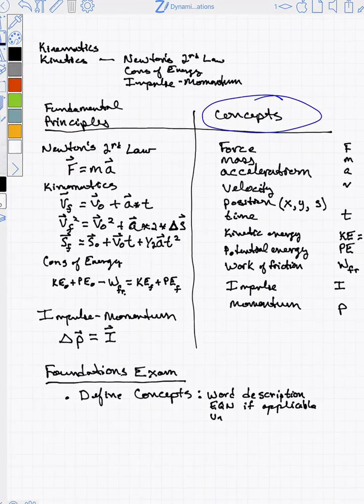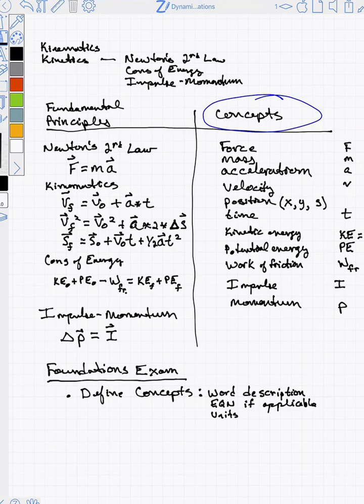We should know the units in both metric and standard, also known as English engineering. And we should be able to draw a simple sketch that somehow shows what kinetic, in this case, kinetic energy is. So that's what we mean by define.